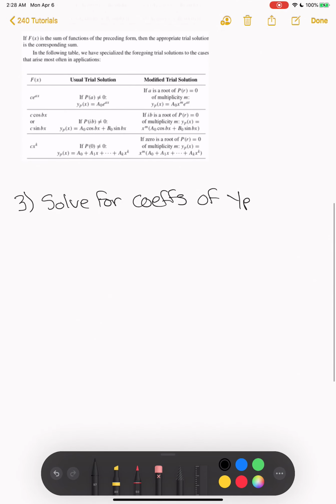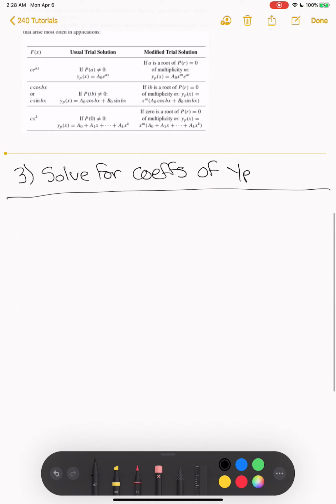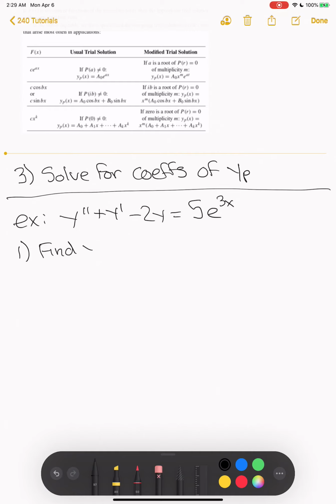Okay, so for the very first one, let's make it pretty simple. Let's do y double prime plus y prime minus 2y is equal to, not 0 this time, but 5e to the 3x. My first step is to find the complementary solution, which means solving the homogeneous equation.